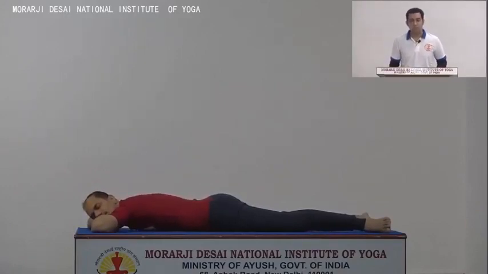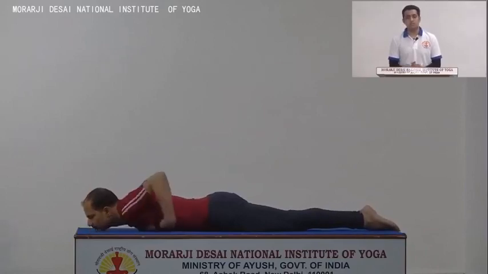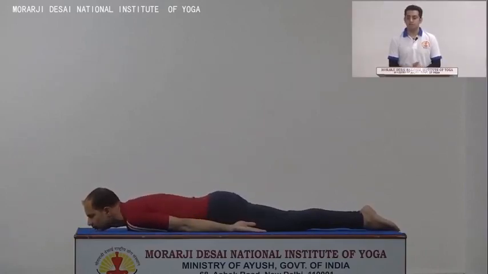Now we will do Shalabhasana, but if you are not comfortable, you can do the simplified version, the Ardha Shalabhasana, Ek Pad Shalabhasana. Join your legs, place your palms beside your thighs, palms facing downward or upward.